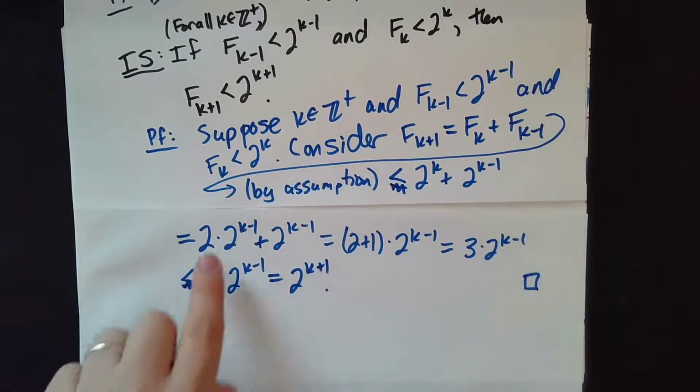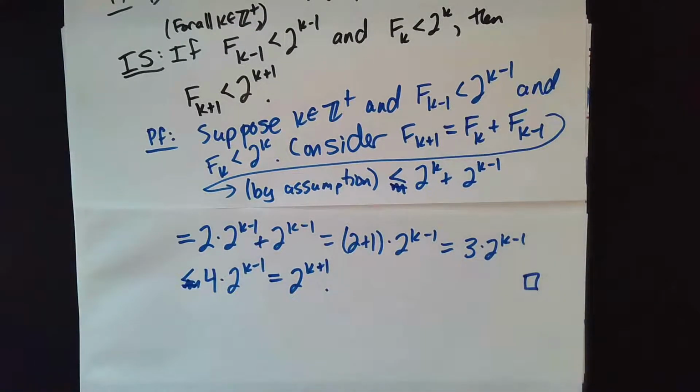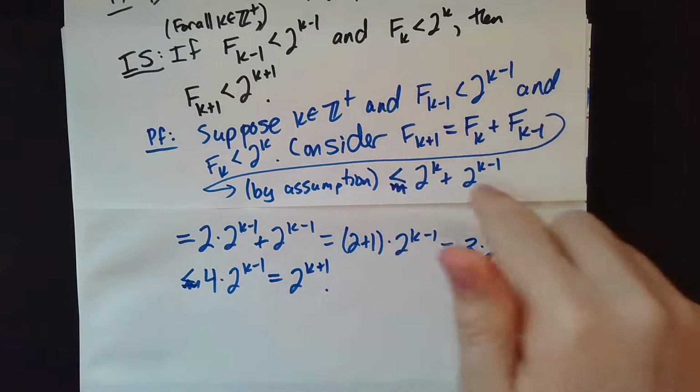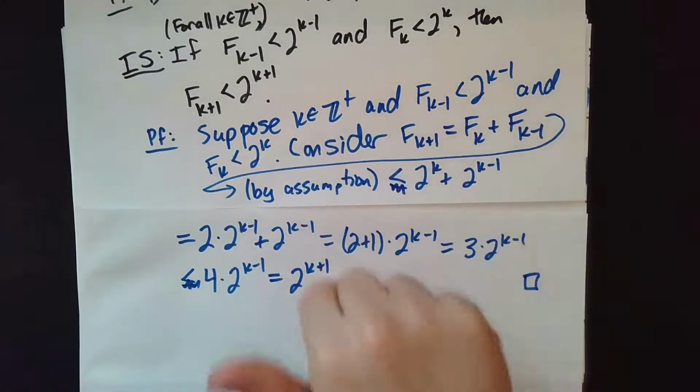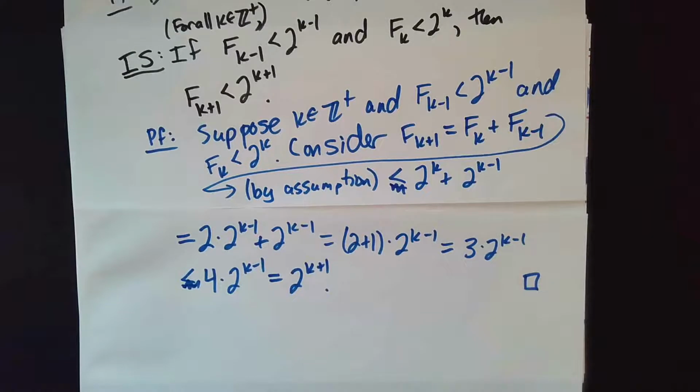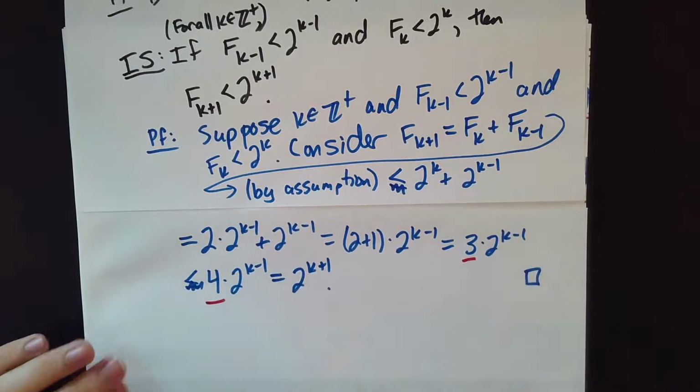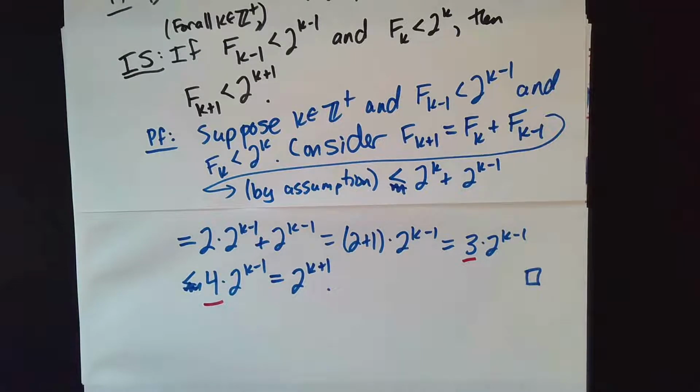There are, by the way, all kinds of different ways that people waded through this inequality. There's not only one way to get from this fact together with these two facts and get here. All I needed for this step to follow is that 3 is less than 4.